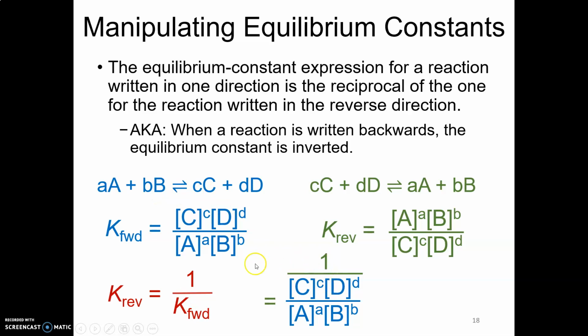Because if I take the inverse of this, K forward, I will get K reverse, okay? All right, so do not multiply by -1. That does not handle the fact that this is a fraction. This is a fraction that you have flipped, which means you must flip it back. How do we flip it back? We take the inverse.